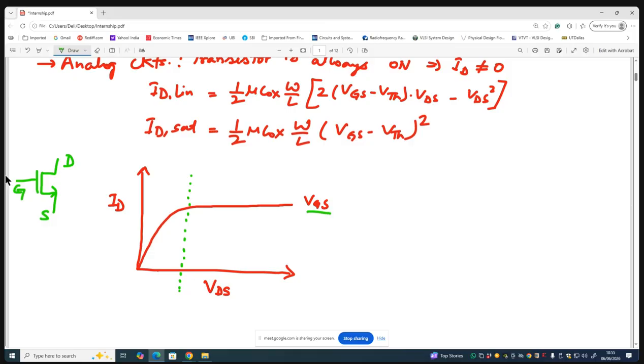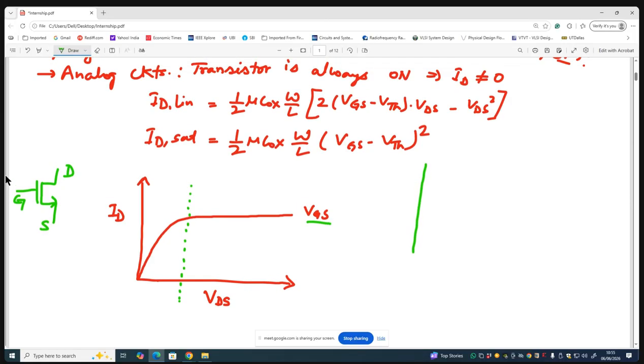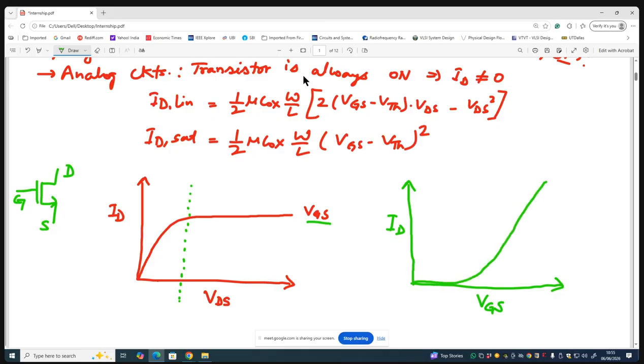You may have come across two such characteristics. Let me try to draw a straight line. You may have come across two current-voltage characteristics of a MOSFET. One characteristic is the red one that I have drawn. Another characteristic, I am just drawing it, and you tell me, is it correct or do you want to make some changes?